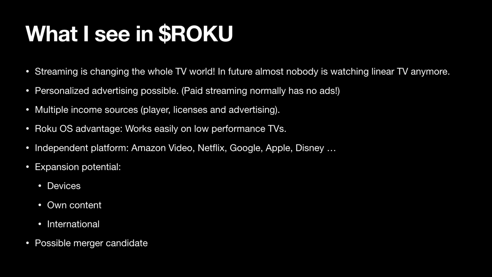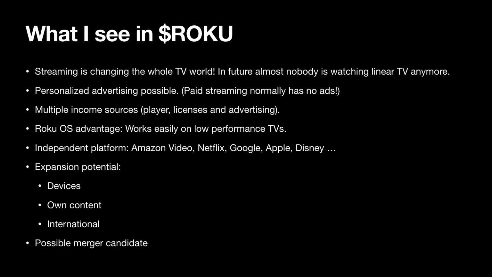Another thing is they are an independent platform. You know that Amazon, for example, has a lot of problems cooperating with Google and Apple, and Netflix is also running on Amazon and on Apple and Google platforms, but Amazon wants to do business on their own, so they are in competition with Netflix, etc. And Roku is really independent because they are not dependent on these fees, and they are not dependent on their own content in that way.